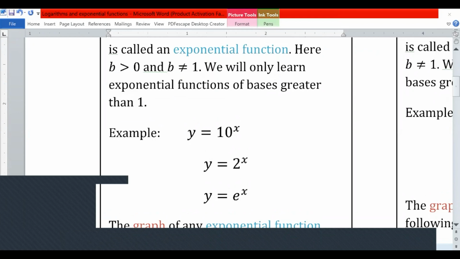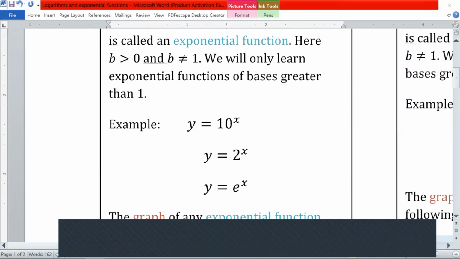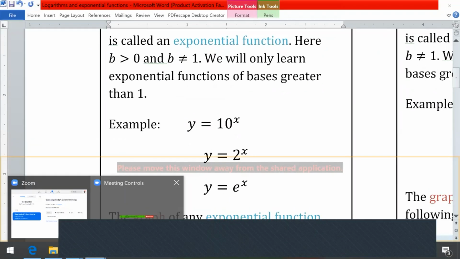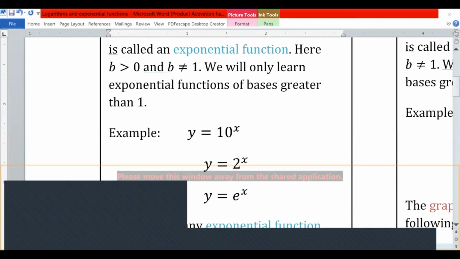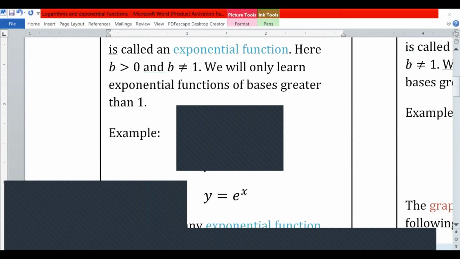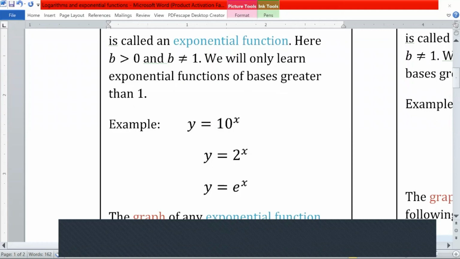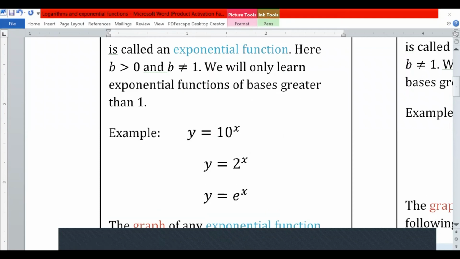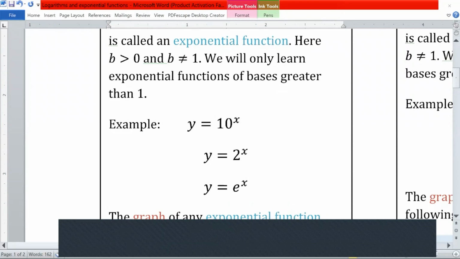I'm trying to see whether I have other programs running in the background. There's nothing. I haven't opened anything. Oh, meeting controls. I'm sorry. Do you see the black box? Yeah, it's still there, miss. But it's not blocking the notes, so it's okay. Shall we just keep going, and let's see whether it improves.